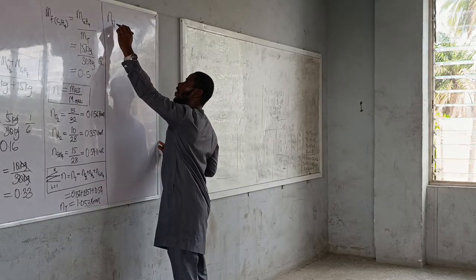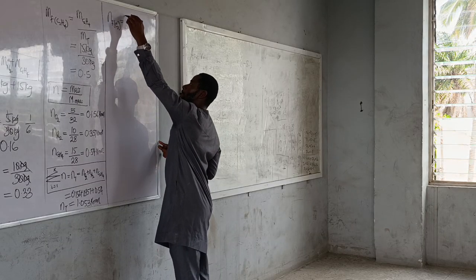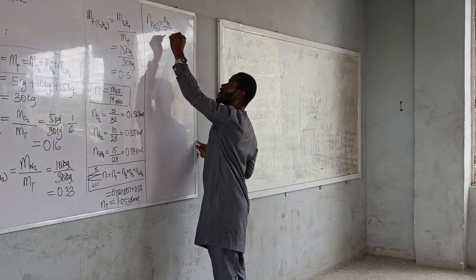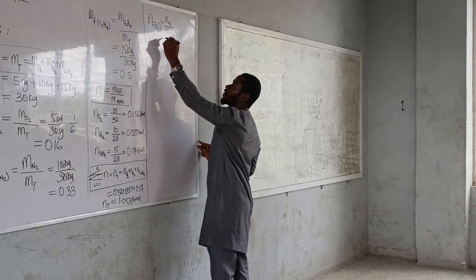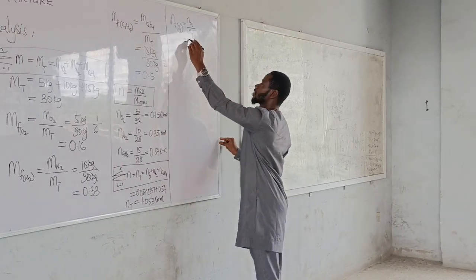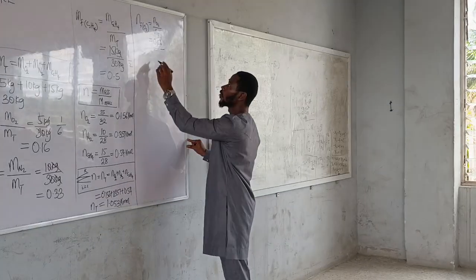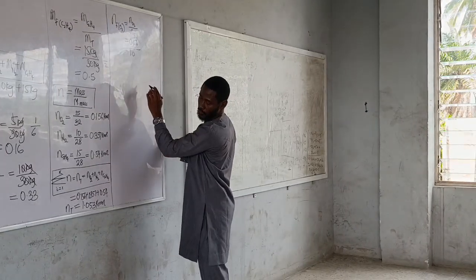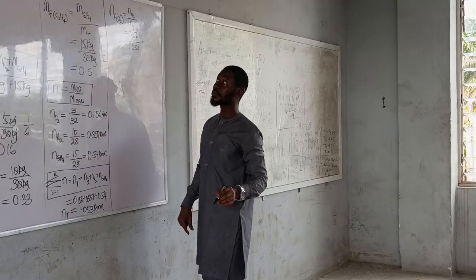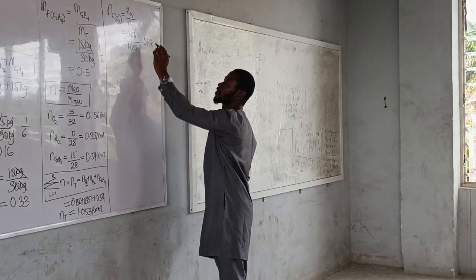NF of oxygen equals N oxygen divided by NT, which is 0.156 divided by the total number of moles, 1.053. The value becomes 0.148.